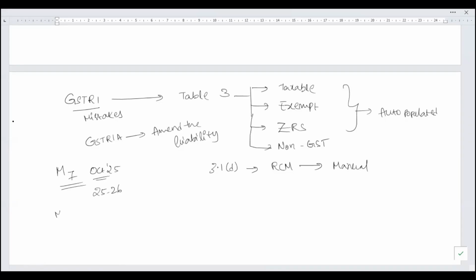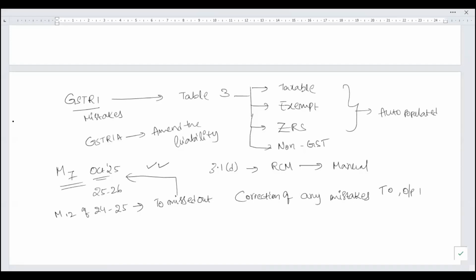What if in month 12 of 24-25 any turnover was missed out? Can this turnover be included over here? Answer is yes. I can include it and I can pay taxes. So they call this a correction. Correction of any mistakes, with respect to turnover, with respect to output tax, with respect to input tax.